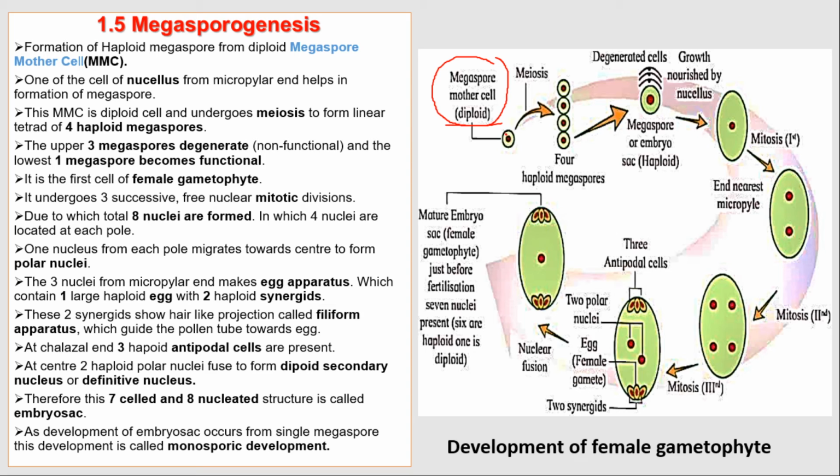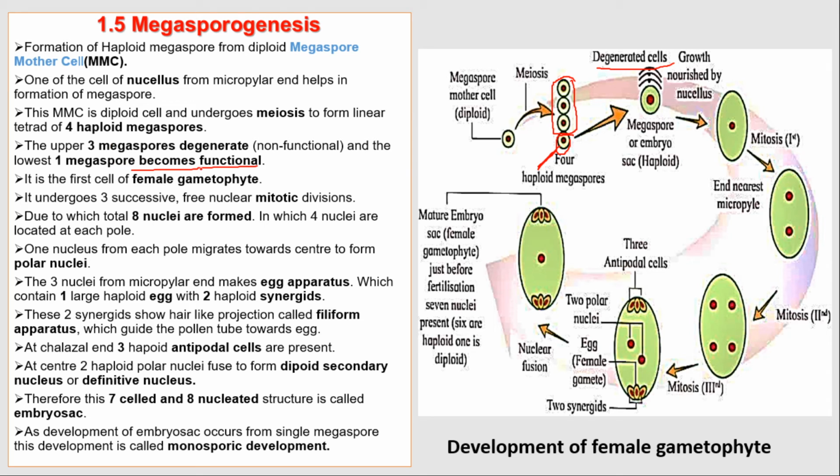Now in this diploid cell, meiosis takes place, and due to this meiosis, 4 haploid megaspores are produced. Now the upper 3 megaspores from these 4 degenerate, and the lower megaspore from the micropylar end becomes the functional megaspore.